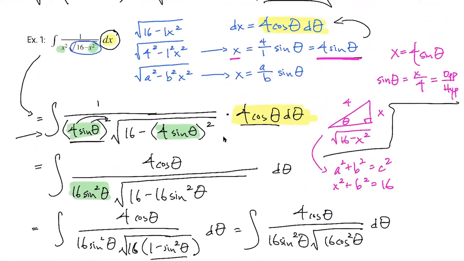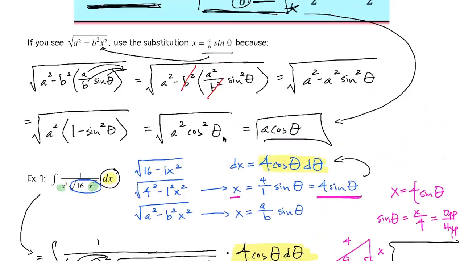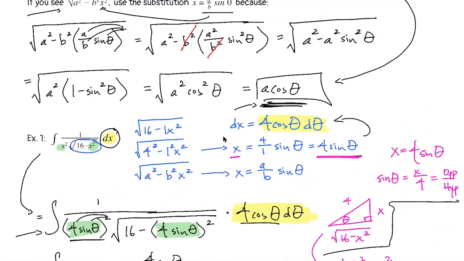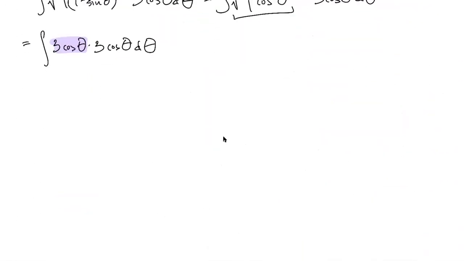So that goes back to this idea that we showed in our little proof section, which is this substitution is useful because it will always give us a cosine theta. So if you feel like you're doing a bunch of these problems and you get the pattern now, you can skip right to this a cosine theta part, that's fine. But you need to make sure it's underneath that square root, okay? All right, so where were we?